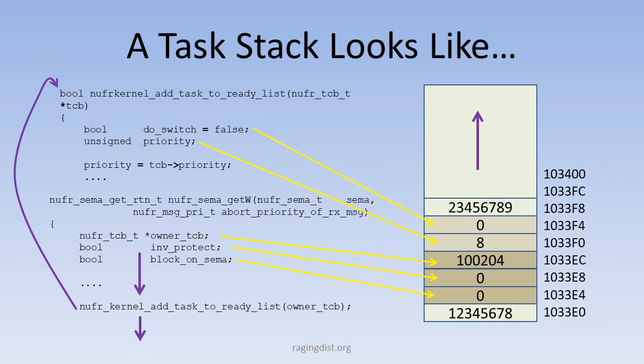and then when you return from that NUFR kernel add task and ready list, these two values, the 0 and 8 at the 1033F4 and 1033F0, are discarded, and you return back to the calling function, which is NUFR semaphore get, and your 100204, your owner TCB, INV protect, block on summa are still there, as though nothing happened.